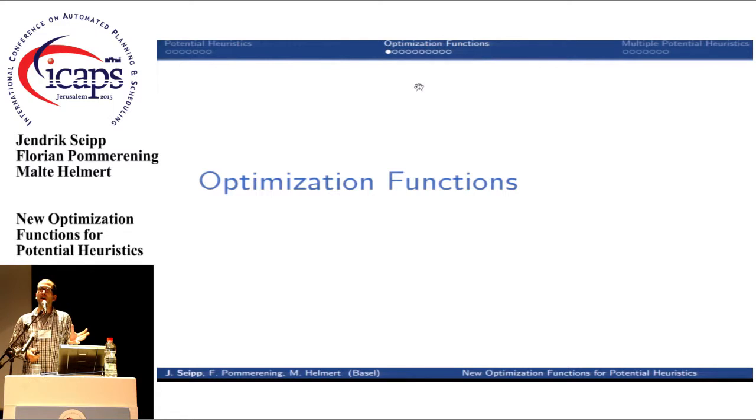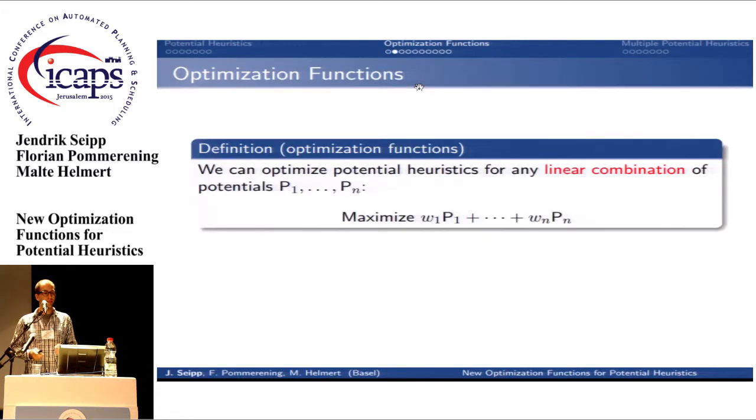Okay, so what are these criteria? The optimization functions that we can use are linear combinations of the fact potentials. So if you look at this weighted sum, this is what we maximize. And we can use different optimization functions, and this work was about finding good ones.